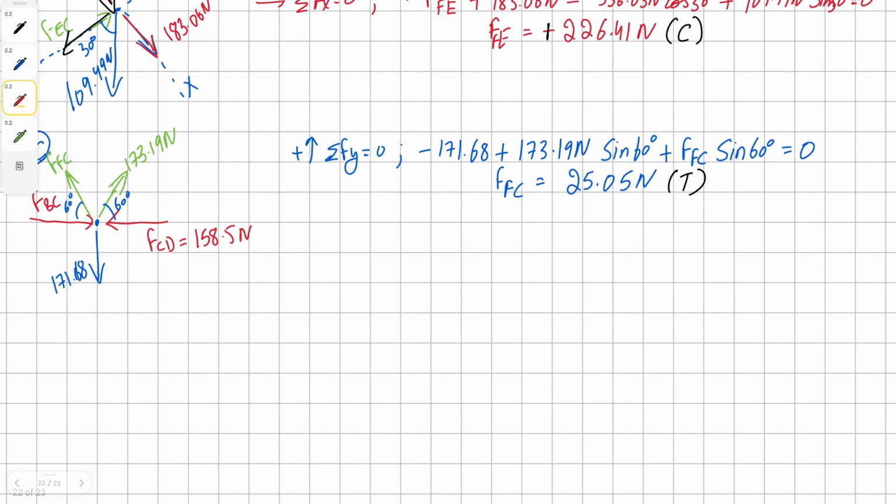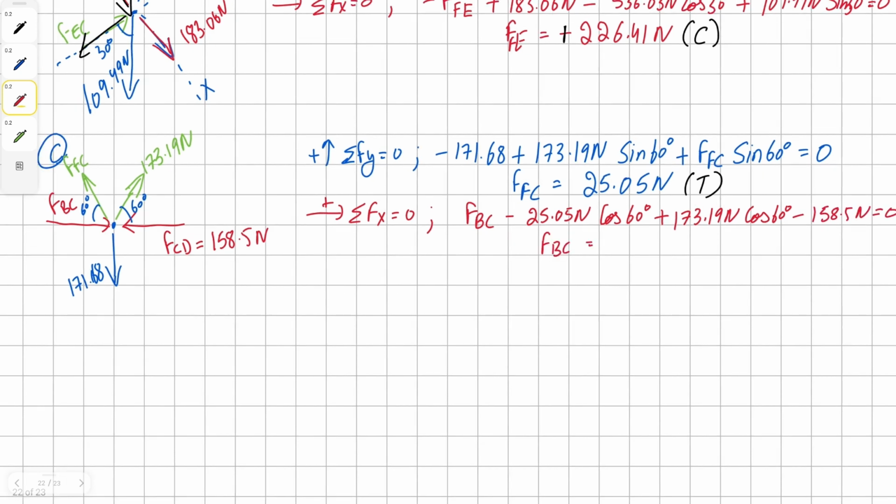Now let's sum the forces in x direction. We're going to have a positive unknown force BC, negative horizontal component of force FC, positive horizontal component of 173.19 Newton, and then negative 158.5 Newton, all equals to 0.